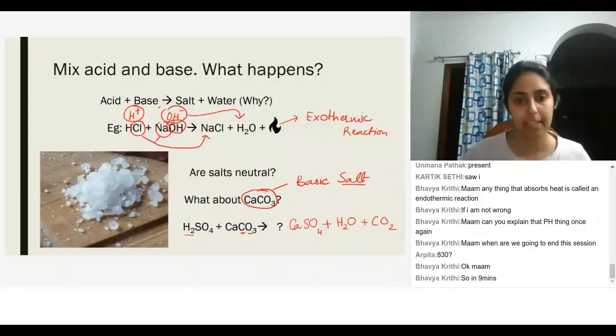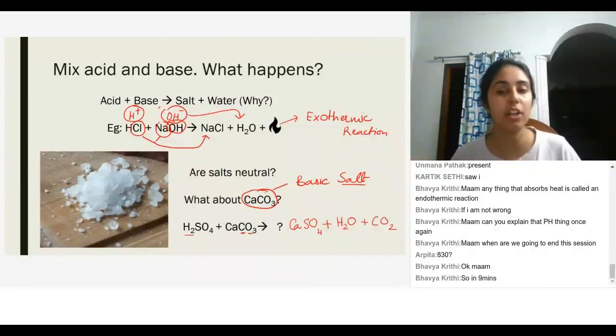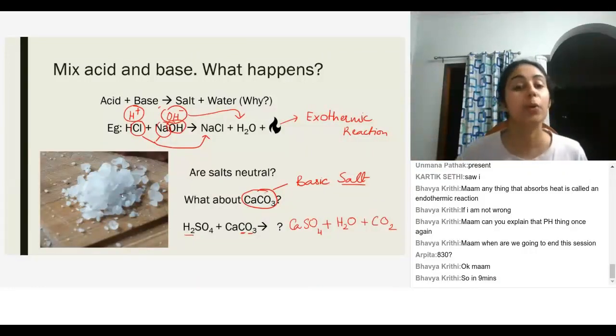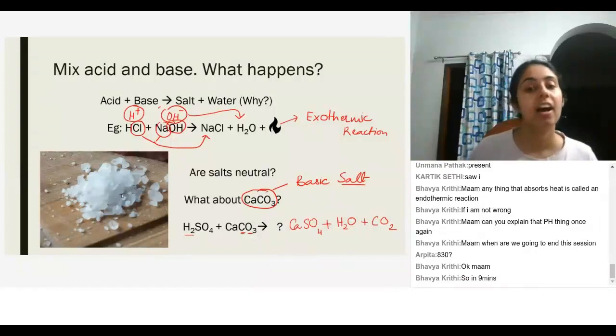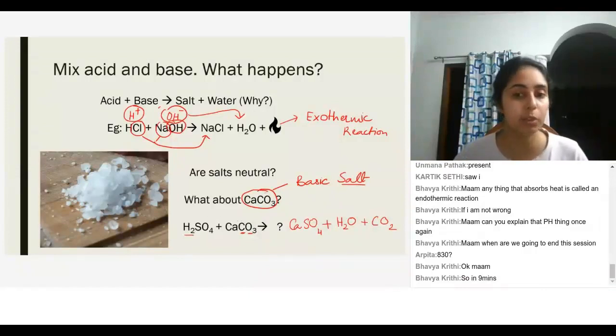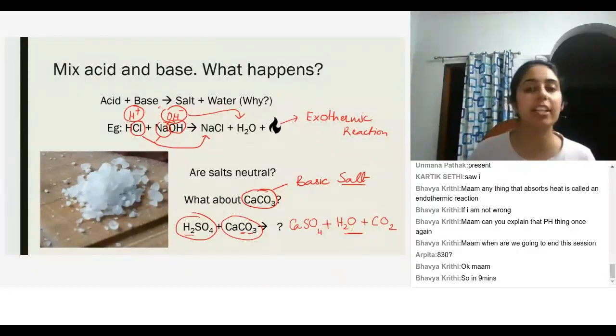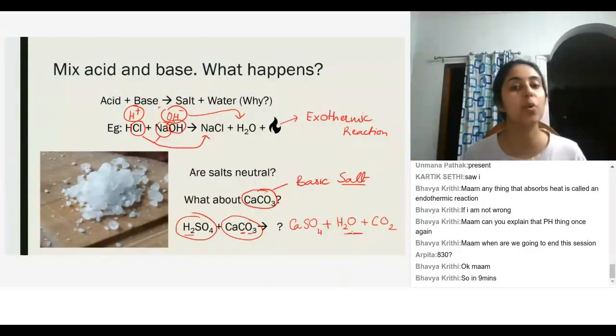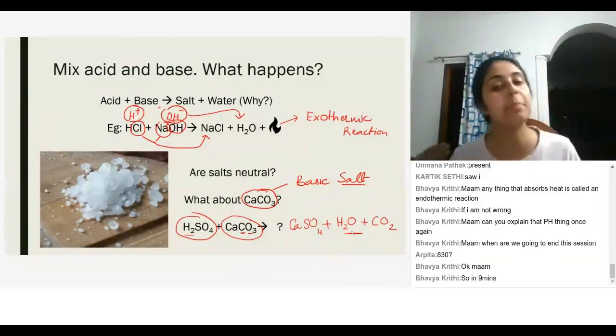Okay, ma'am. So what happens? Oh, you were asking if we can test if a salt is basic, yes, you can actually do that by this method. You can mix the salt with an acid and see if it produces water. If it produces water, then the salt is going to react with an acid. That means the salt is basic in nature.